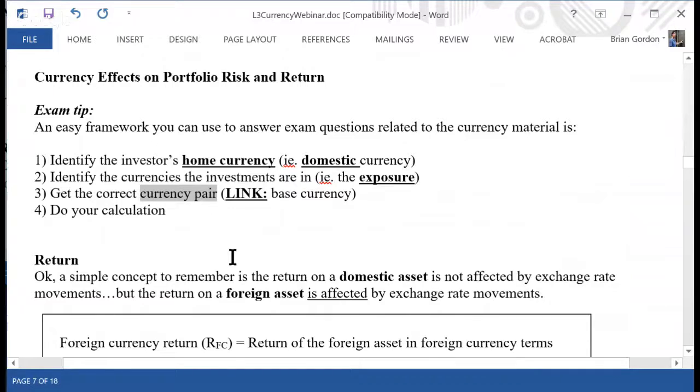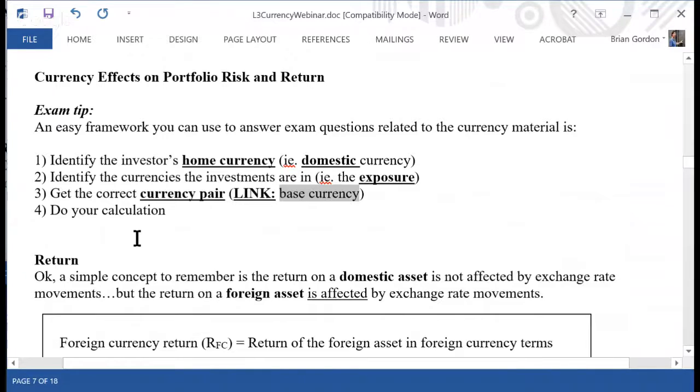And remember, the currency pair, the way it's written on the paper, will tell you what to do. If it's multiple choice questions, there may be two answers that look the same, but depending upon the currency pair, give us different conclusions. So focus on the currency pair and on the base currency. That is the issue. And then we can do calculations.